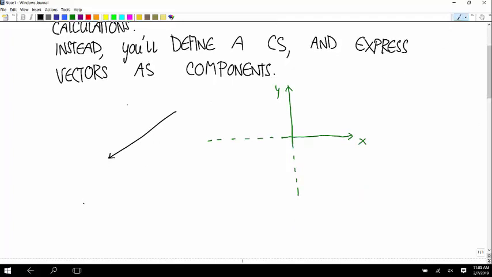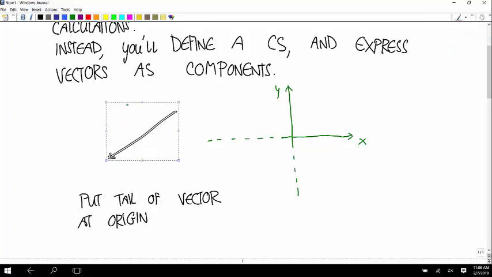Then you put the tail of the vector at the origin. So move it over so the tail is at the origin.